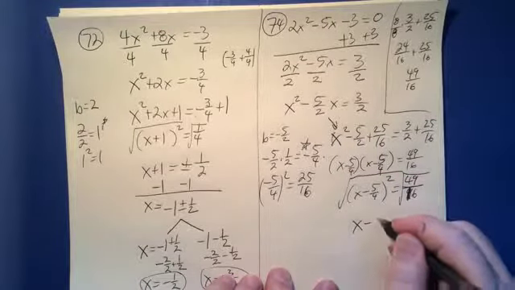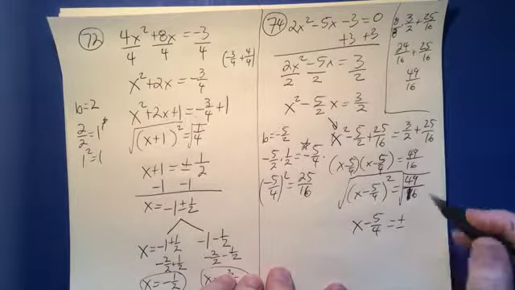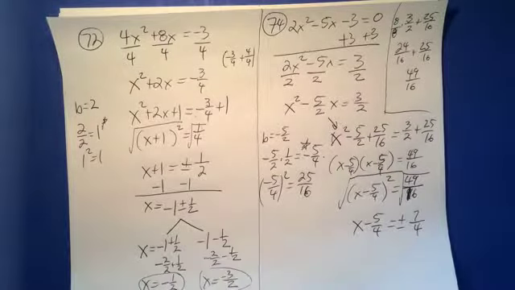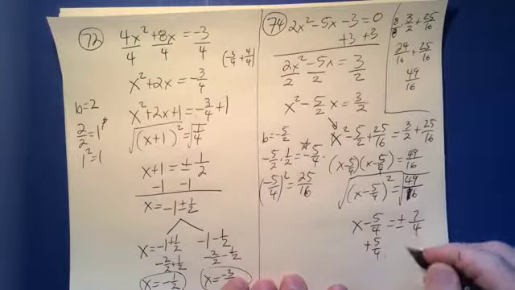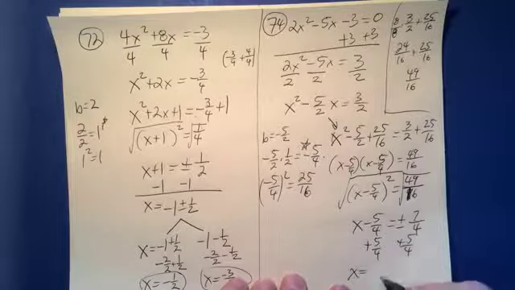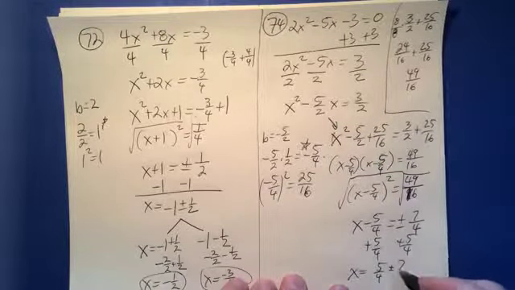And that'll give me x - 5/4 equals plus or minus 7/4. So the fractions are not pretty, but they're not unbearable. I'm going to add 5/4 to both sides. So this is going to be 5/4 plus and minus 7/4.